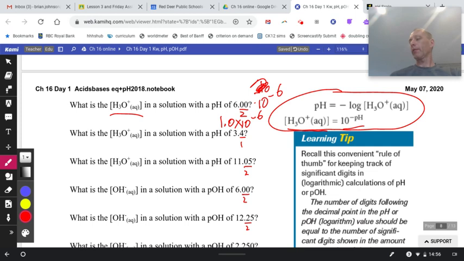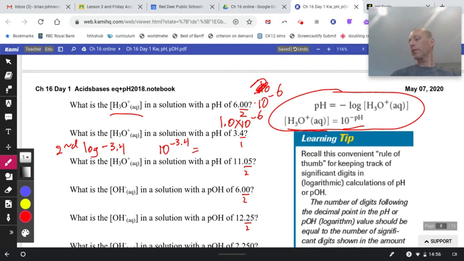Okay, second one. What is concentration of hydronium with a pH 3.4? So we're going to go 10 to the negative 3.4. Or on your calculator, you're going to hit second log negative 3.4.